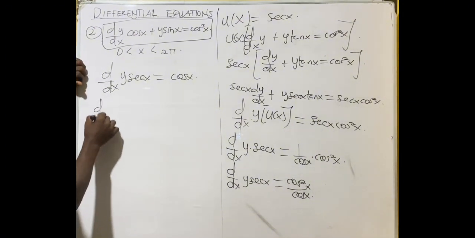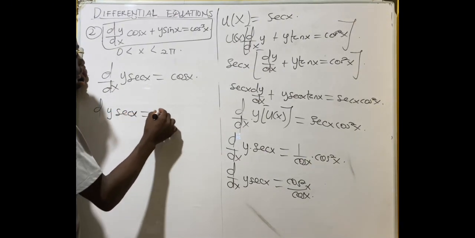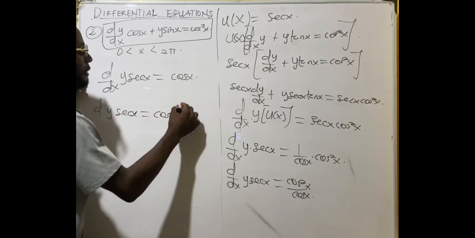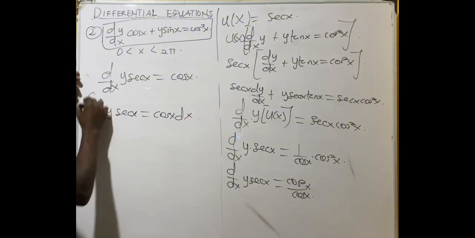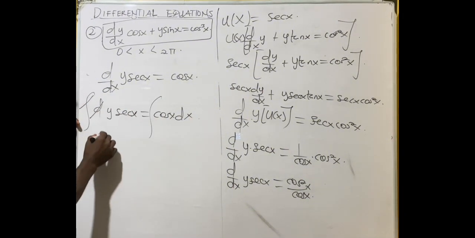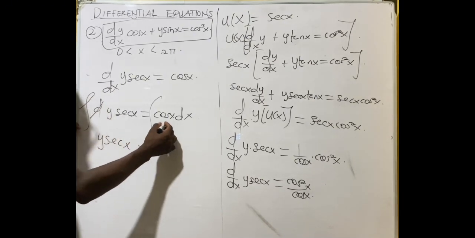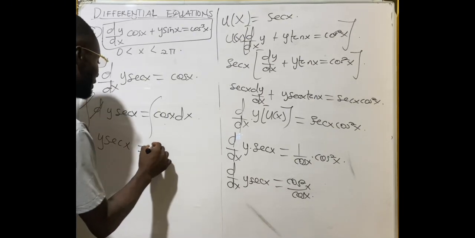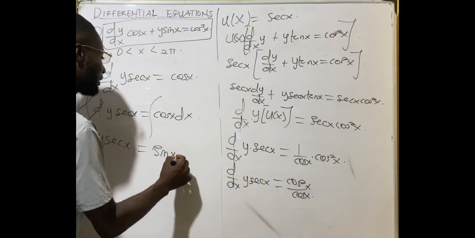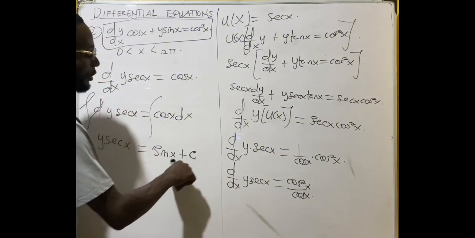So we have d(y sec x) equals cos x dx, right? So now we integrate both sides, then this takes off this, so we have y sec x to be equal to the integral of cos x, which is basically sine x plus our constant of integration, right?